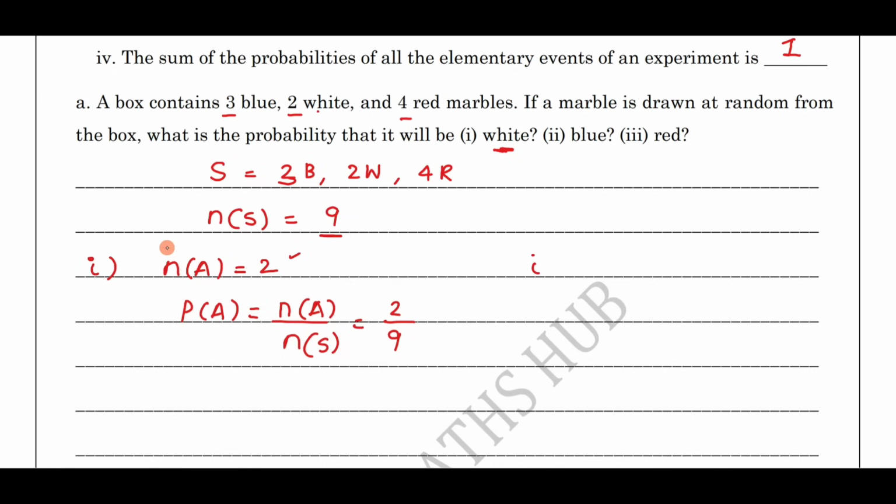Now, second question. Blue marble. Let B be the event of drawing the blue marble. Therefore, n of B: how many blue marbles do you have? Blue marbles, it is 3.